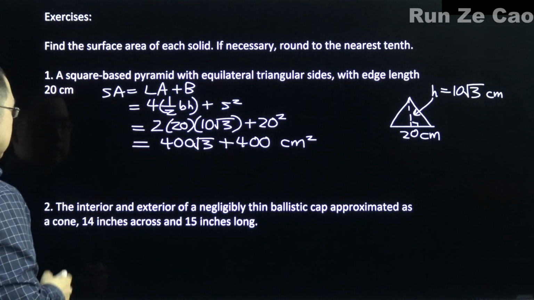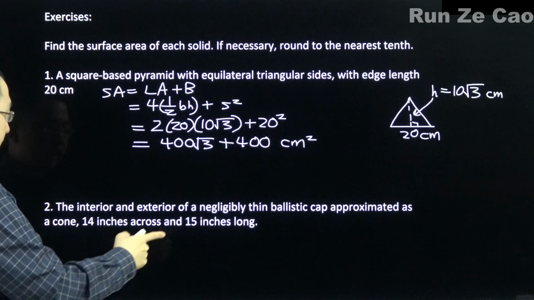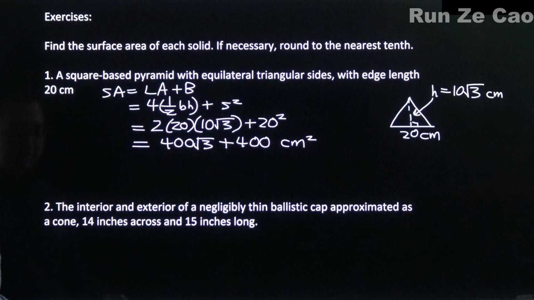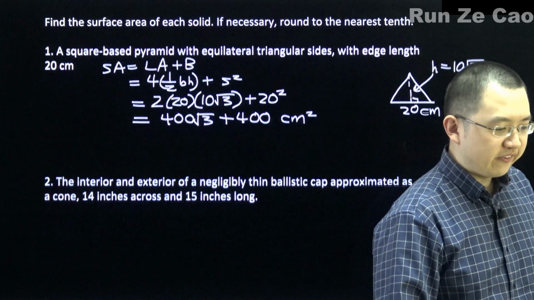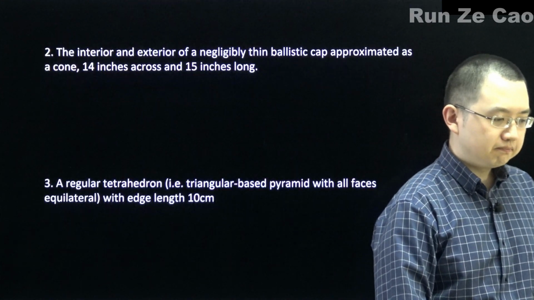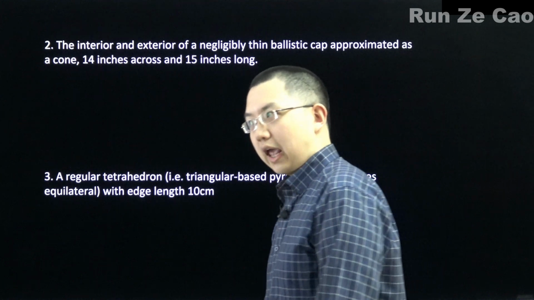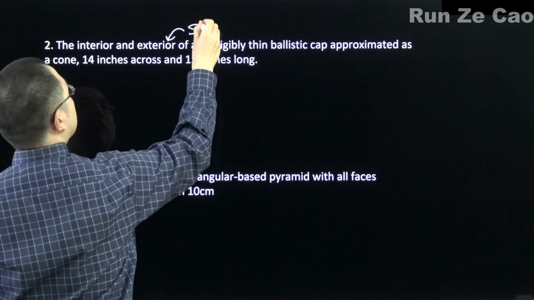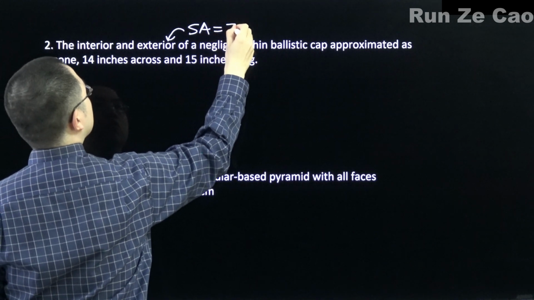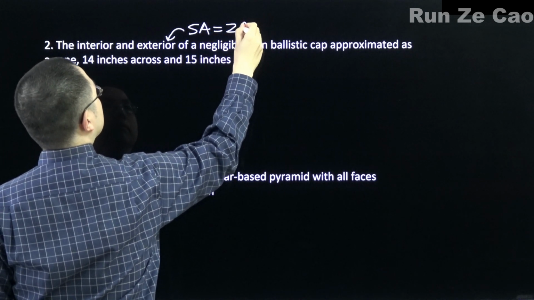Yeah, the interior and exterior of a negligibly thin ballistic cap, approximated as a cone, 14 inches across and 15 inches long. Interior and exterior. So in other words, SA equals 2 LA.